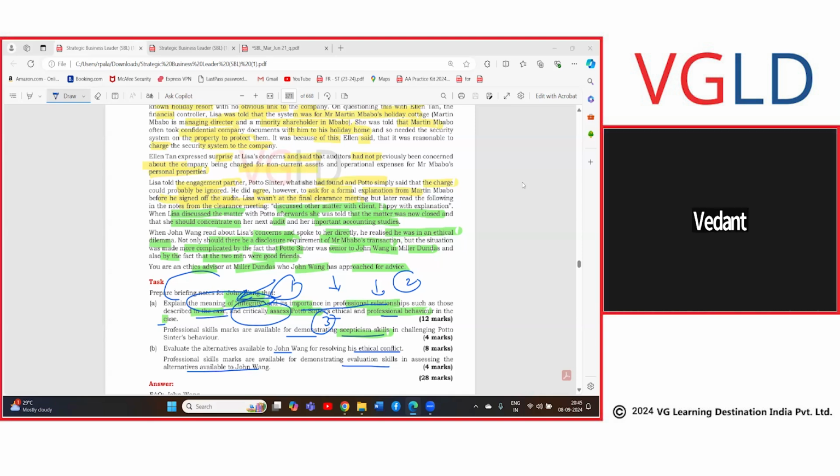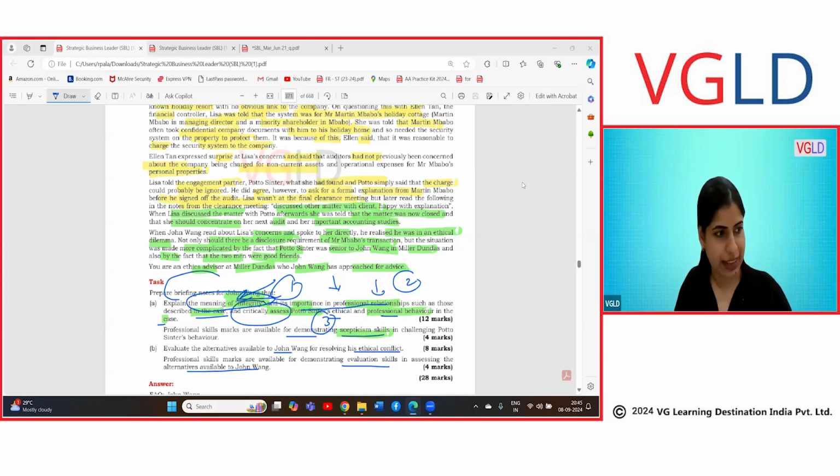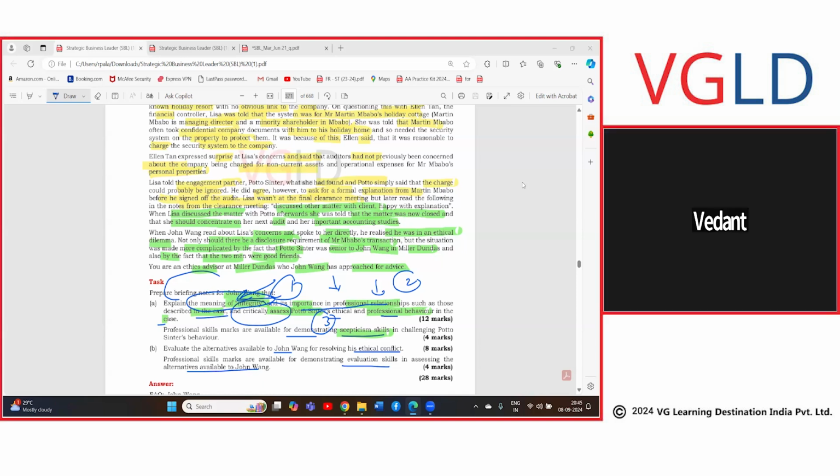So that we can give a true and fair view. It's a professional code of conduct, right? Then we should not be intimidated. In the case it's mentioned that there was a long standing relationship with the client.